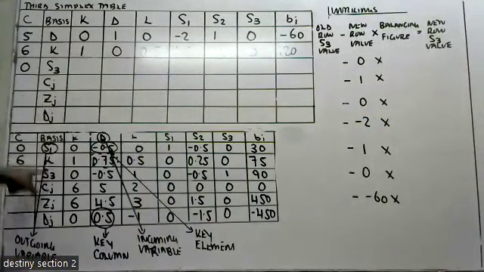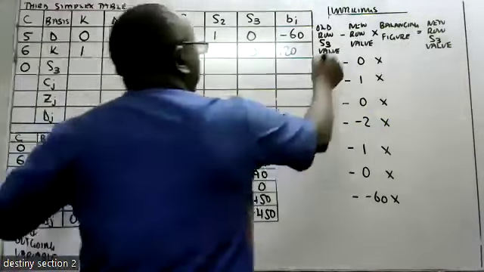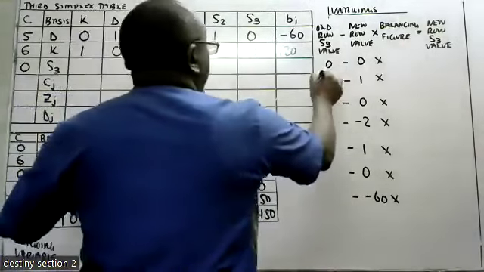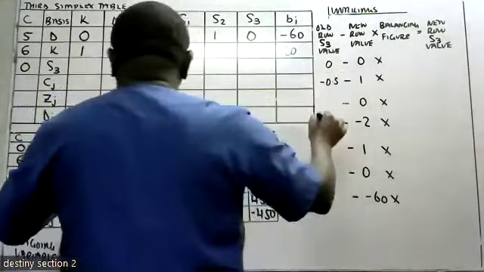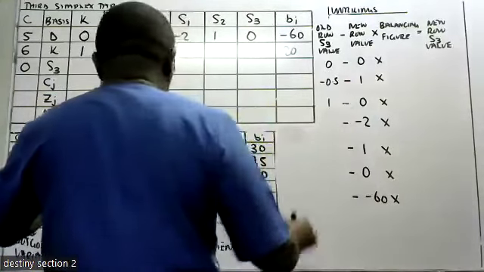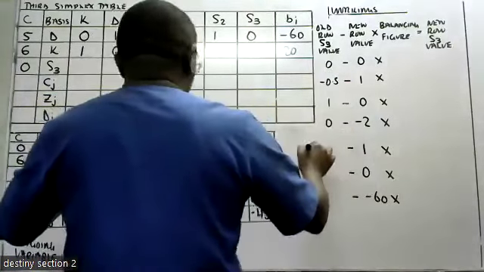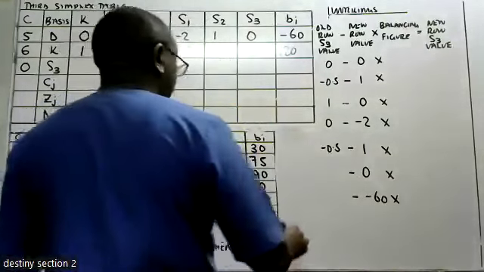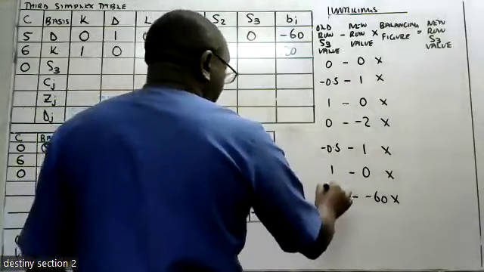So the old values are 0 here, negative 0.5, then we have 1, 0, negative 0.5, 1, and 90.